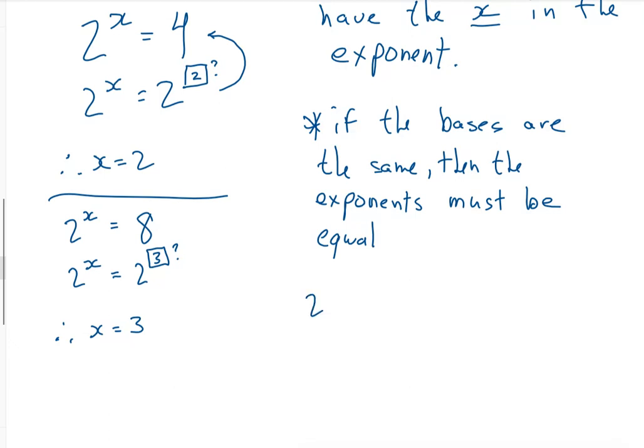So again, for example, 2 to the a equals 2 to the b. A has to equal b. Or even better, any base. It doesn't have to be just 2, like I said. x to the a equals x to the b. a equals b. Any questions?